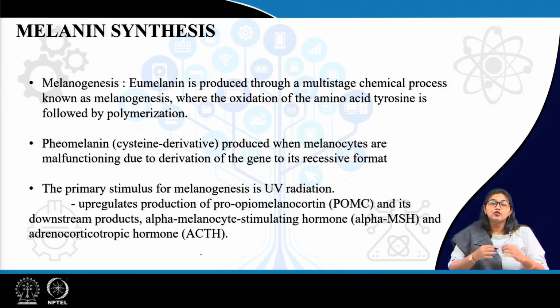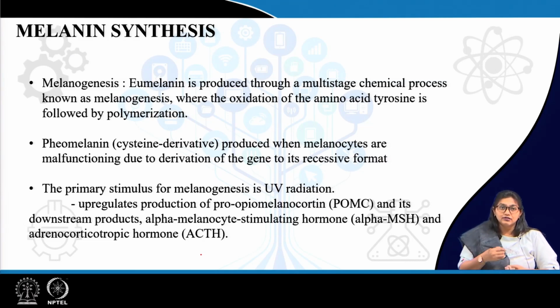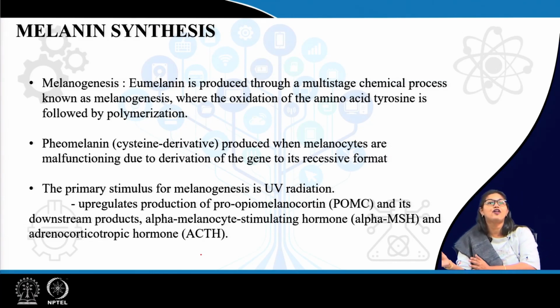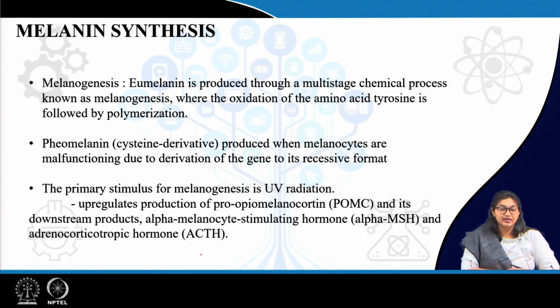So, melanogenesis or melanin synthesis is basically describing the eumelanin synthesis, and that is a multi-stage chemical process. And the pheomelanin synthesis, the cysteine derivative, is basically a defective variety of melanogenesis. Now, the primary stimulus for the melanin synthesis is UV radiation.